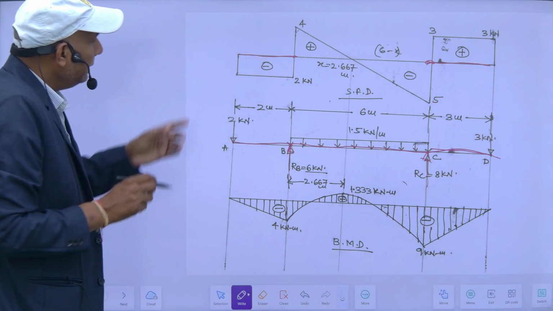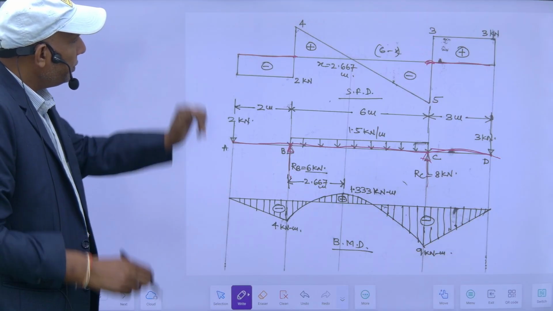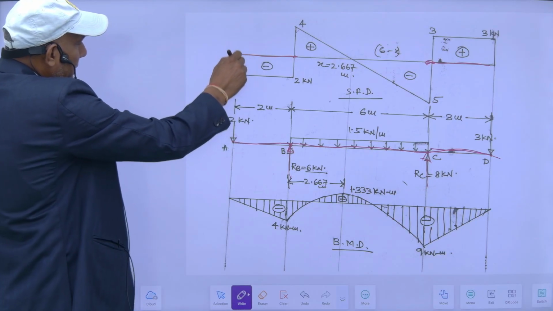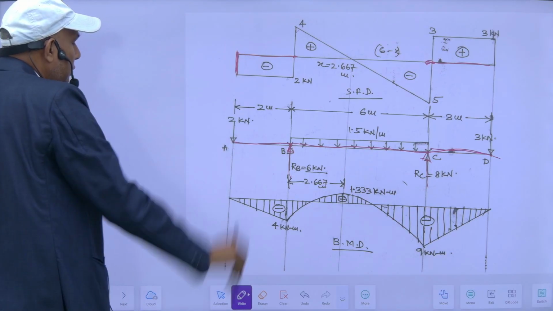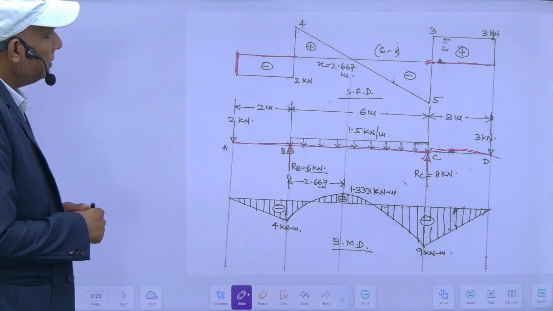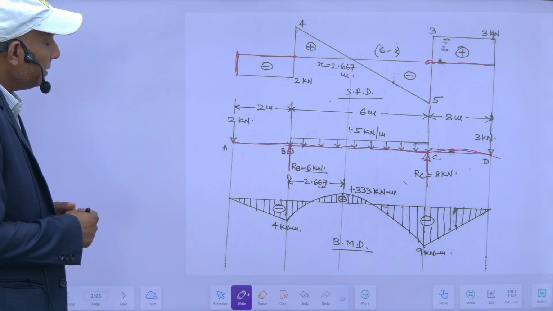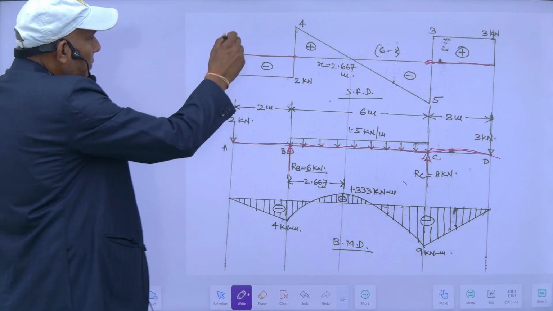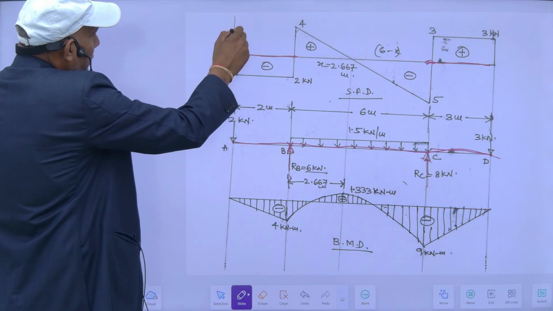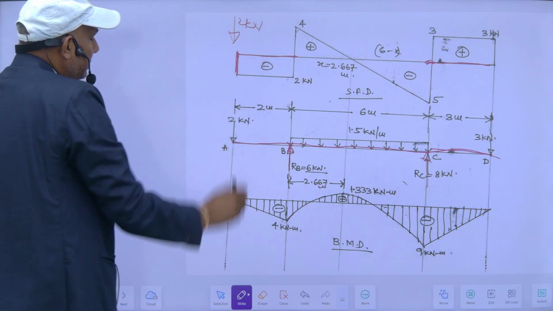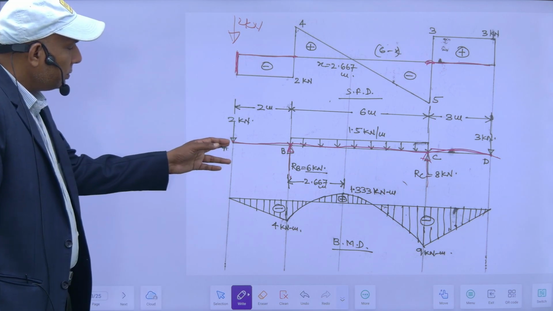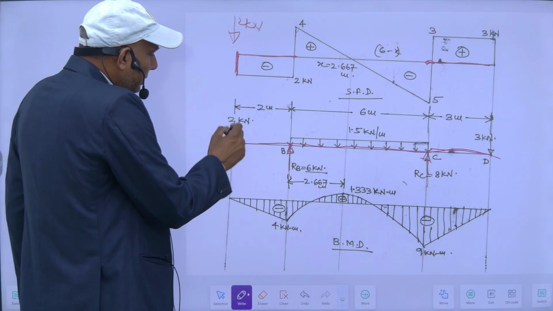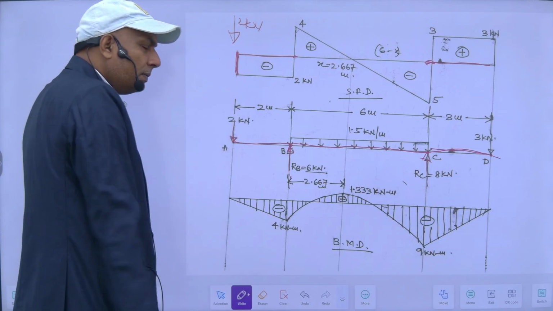If you look here, my shear force suddenly drops to minus 2 kilonewton. It means it is possible when a vertical downward load of 2 kilonewton acts at this point. When this 2 kilonewton load acts here, then and only then my shear force will be minus 2 kilonewton.